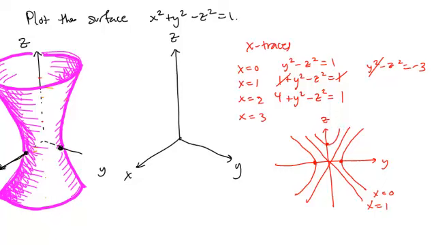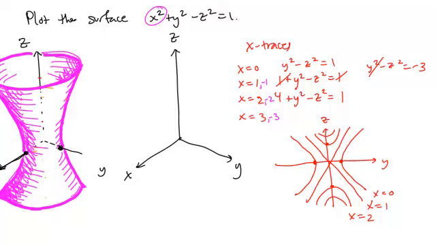And so I know that I would get a hyperbola that opens like this. And now I'm starting to see a pattern in this, at least a little bit. If I were to go to x equals 3, I should get a higher looking hyperbola. Also, just like before, I notice that I'm going to get the same traces for positive or negative x values, since the x is squared in the equation.